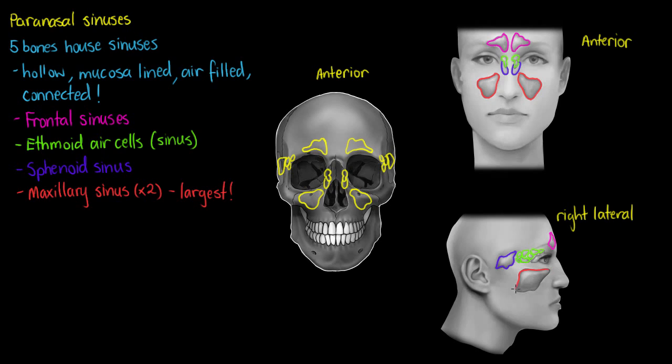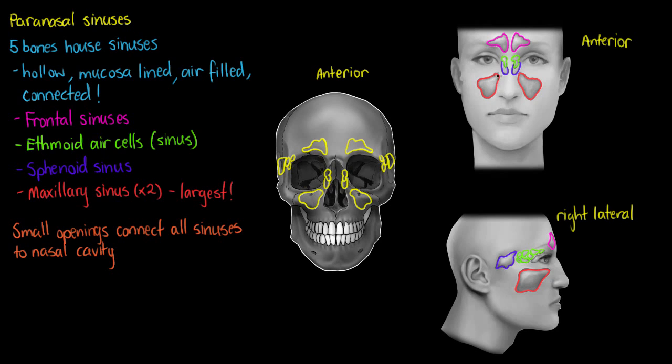So now that we know the name and position of all of our sinuses, let's talk a bit more about what their actual function is. If we have a look up on the screen, I'm just going to show you now that there's small openings between all of these sinuses that's going to connect them all. So it's going to connect them to our nasal cavity.